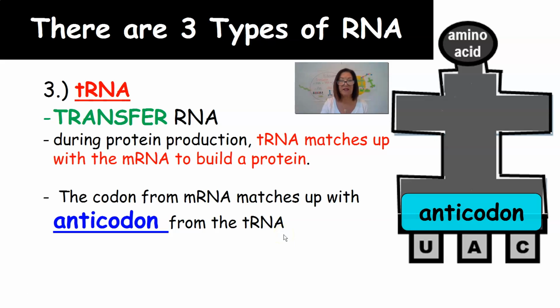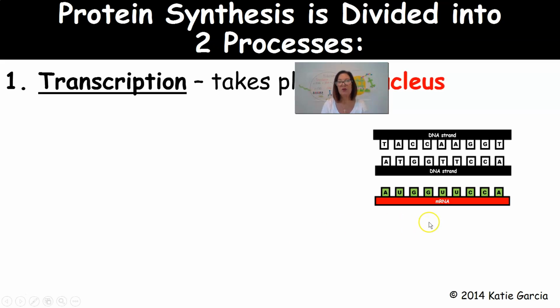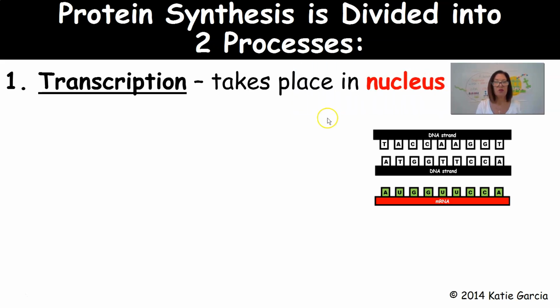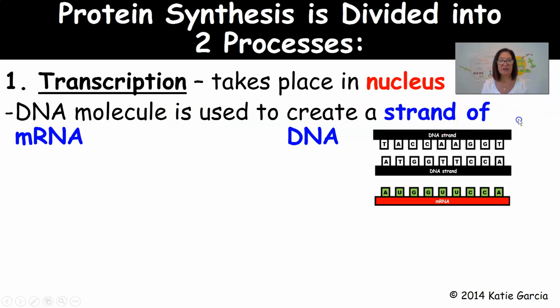All right. So protein synthesis is divided into 2 processes. I'm going to go shortly over the first one again, and then we are going to go into the new part. Last week, what we discussed was transcription, which takes place in the nucleus. That's where a DNA molecule is used to create a strand of RNA.